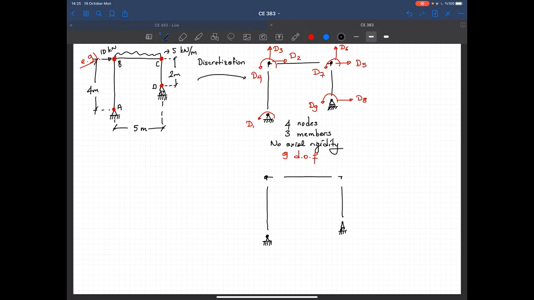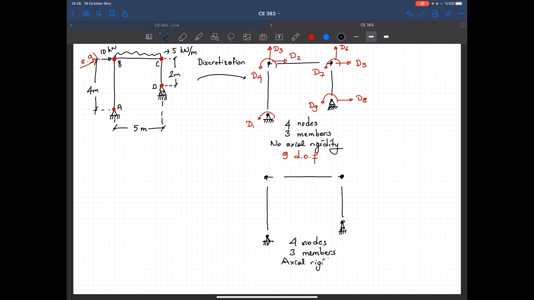That's a node. Of course, again, we have 4 nodes, 3 members, and now I'm assuming axial rigidity.